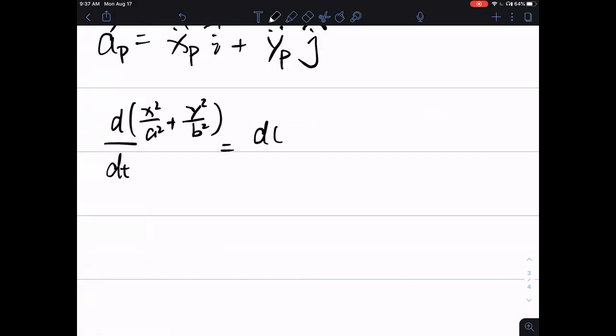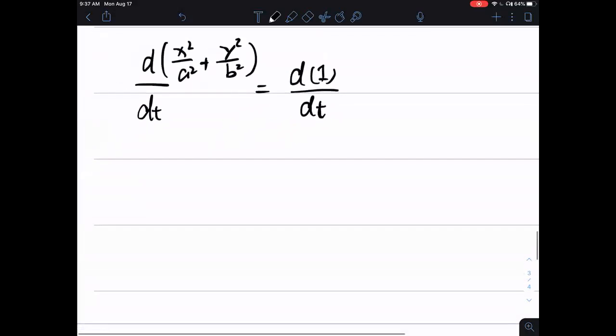And for the right hand side, like we said, the derivative of 1 gives you 0.